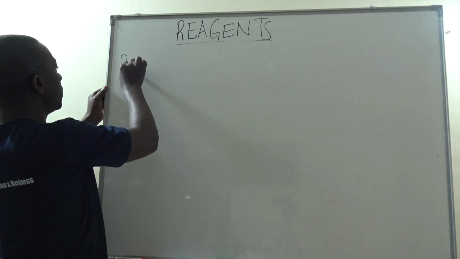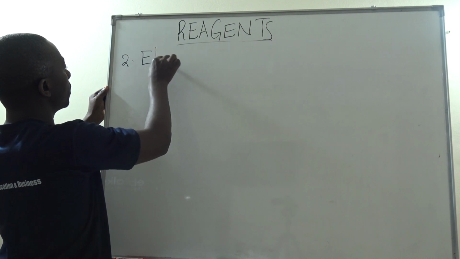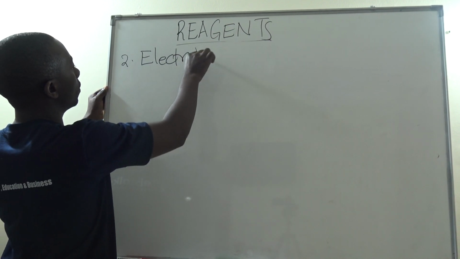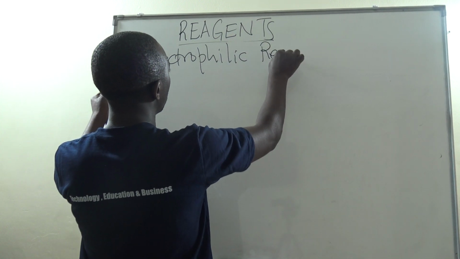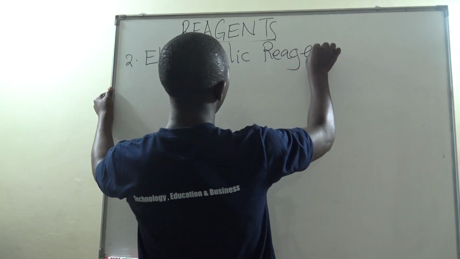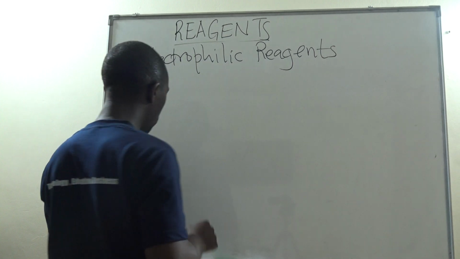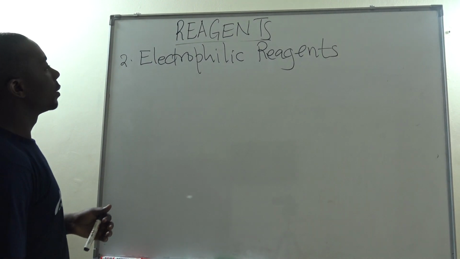Another type of reagent, number 2, is electrophilic reagents.